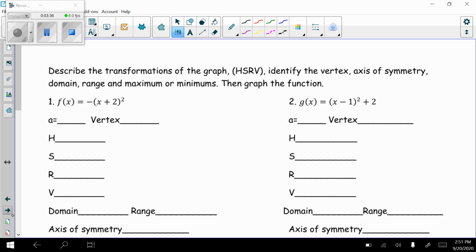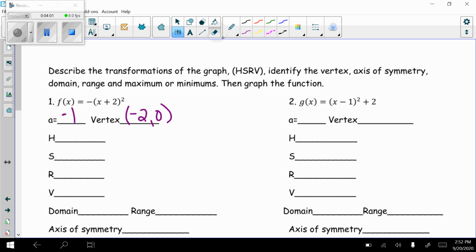So the first one we're going to look at, f of x equals negative (x plus 2) quantity squared. So our a is negative 1. The vertex, inside parentheses says x plus 2, so it comes out as a negative 2. So negative 2 comma 0.